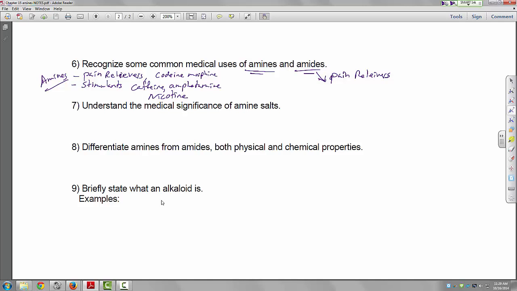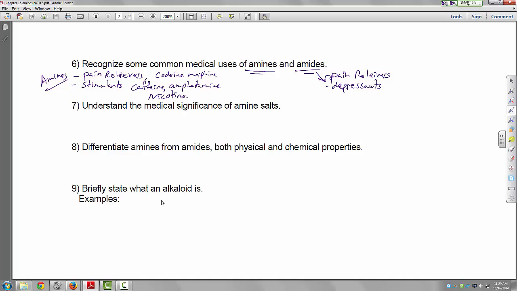But instead of being stimulants, they tend to be depressants. So phenobarbital, for example, and Valium. So common medical uses, depressants. Understand the medical significance of amine salts.